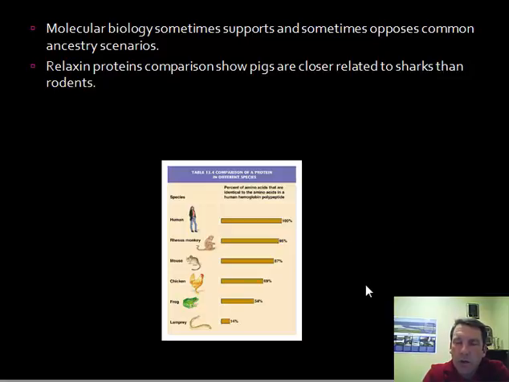And this works well as a line of evidence of evolution in some cases and not in other scenarios.